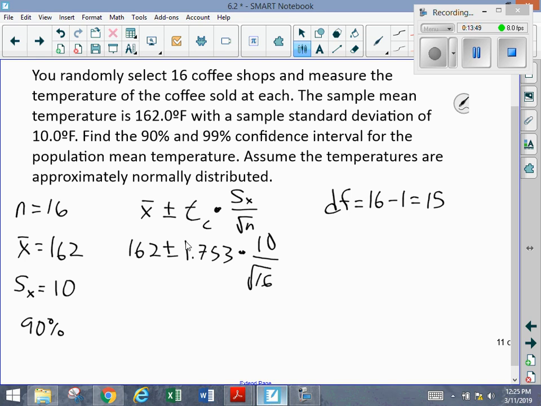So we'll put this into our calculator, and I'll calculate this piece, which is actually our margin of error. So 1.753 times 10 divided by 4 is 4.39.